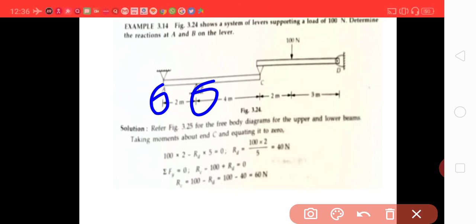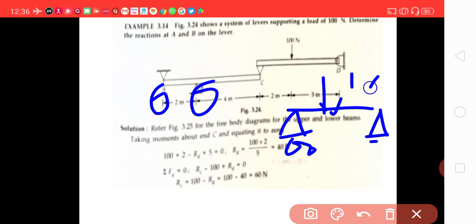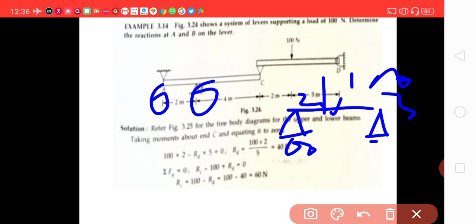Then taking moment about C for this lever, you can say this lever is like this. Here is a hinge joint, this is a roller joint here, and 100 Newton is acting here. Then this is 2 meter and this is 3 meter.